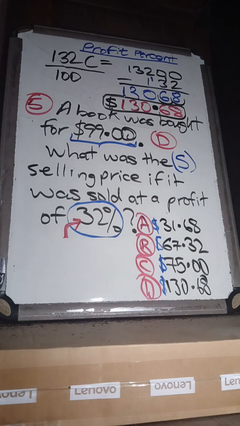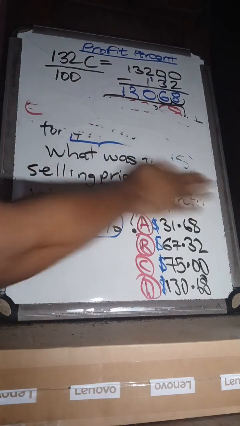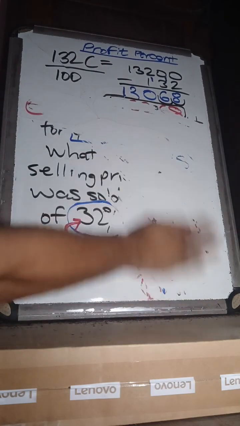So let me see if there's anything else. Oh, there's something about the number line. Yeah, number line questions, if you are familiar, they get easier.